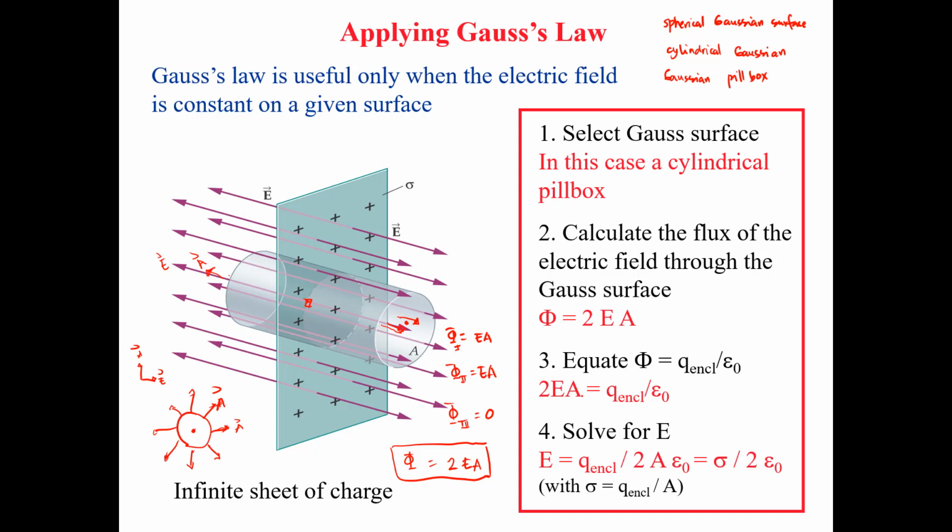Now, we equate this with Q enclosed over epsilon naught. And then solve for the electric field. Okay? So equating this with Q enclosed over epsilon naught, we can solve the electric field. So you have E is equal to Q enclosed divided by 2 times A times the permittivity epsilon naught.